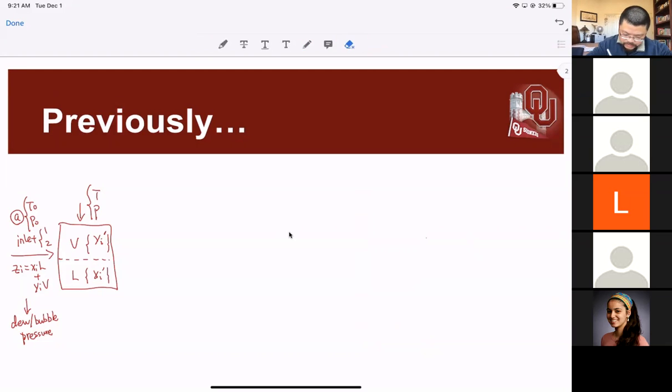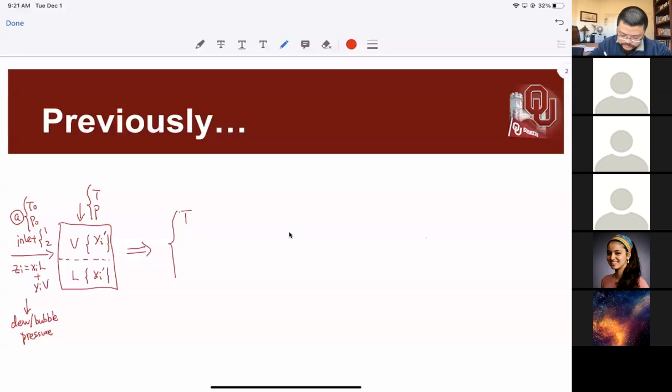So over there, I hope you still recall that the most general equations would be the criteria for vapor liquid equilibrium, where we have to satisfy temperature, say in the liquid would be the same as the temperature of the vapor. The pressure of the liquid will be the same as the pressure in the vapor.